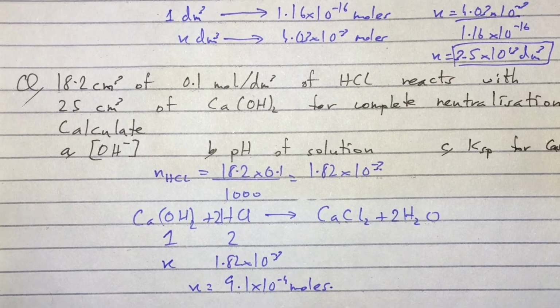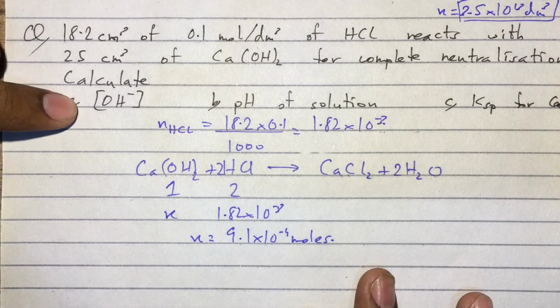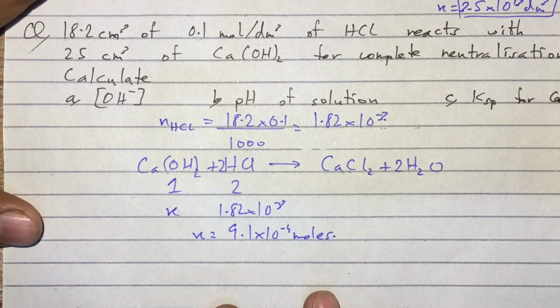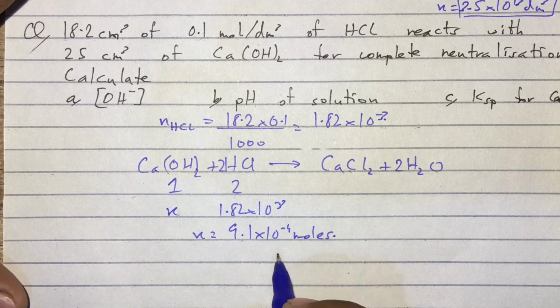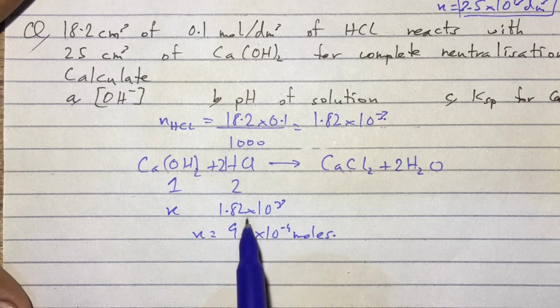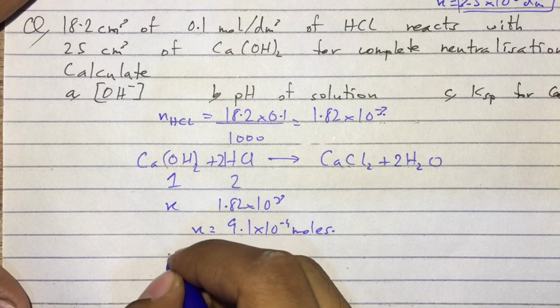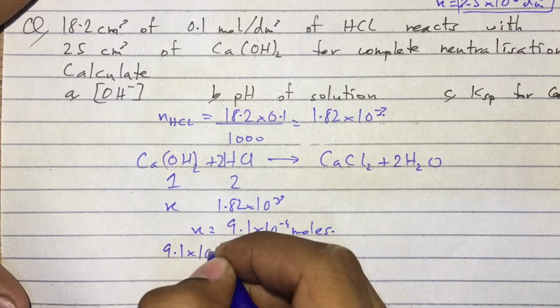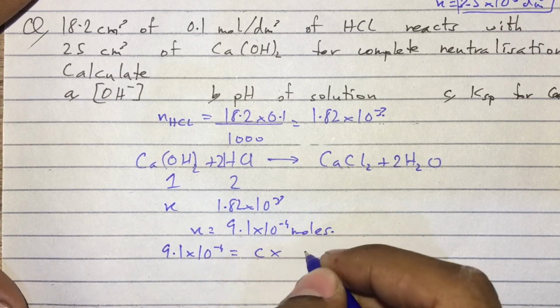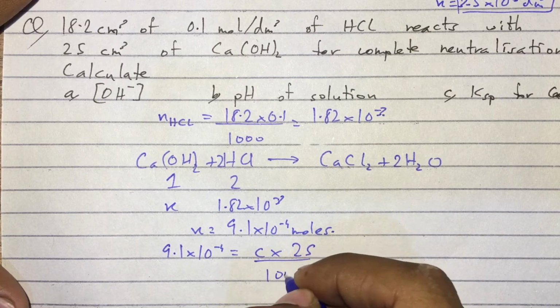Right. So I basically have to find the concentration of OH negative ions. If I find the concentration of Ca(OH)2 first, I can use that to find the concentration of OH negative ions. The moles of Ca(OH)2 are this, and the volume is 25 upon 1000.